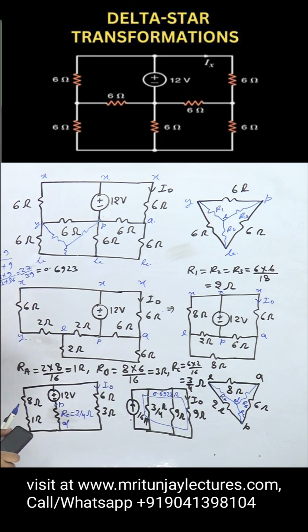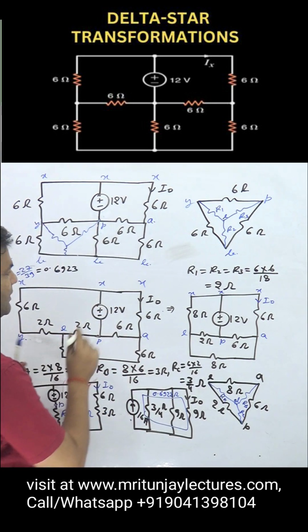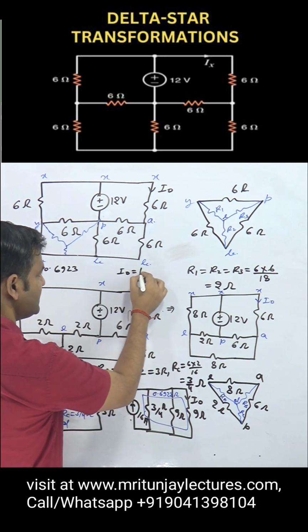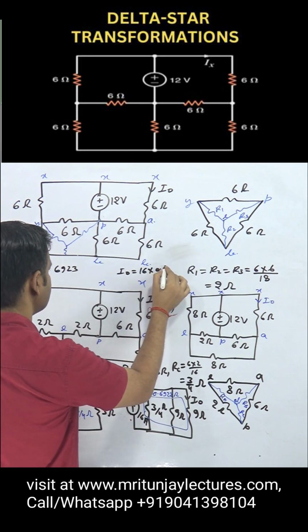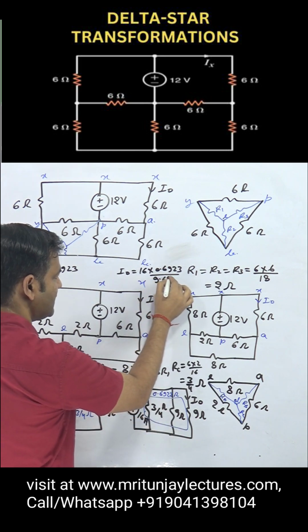Okay, into 16 divided by 9.6923. So finally I naught is 16 into 0.6923 divided by 9 plus 0.6923, that is 9.6923.